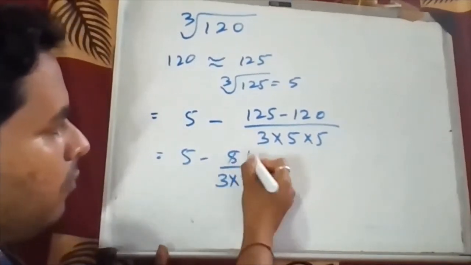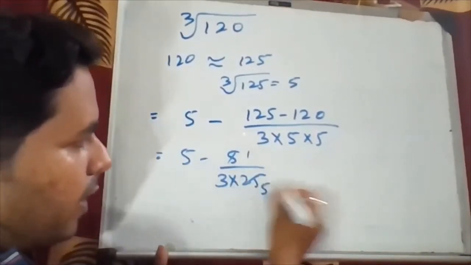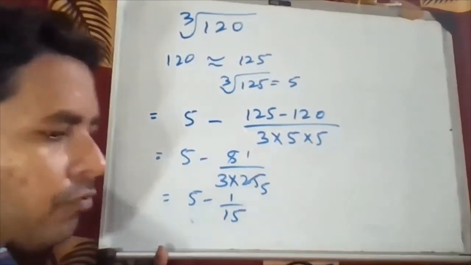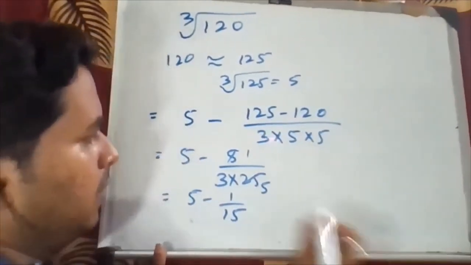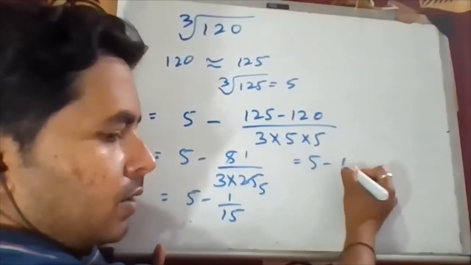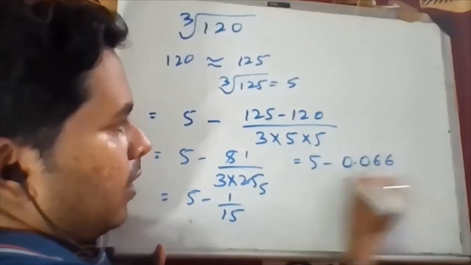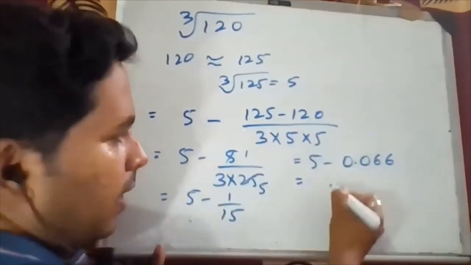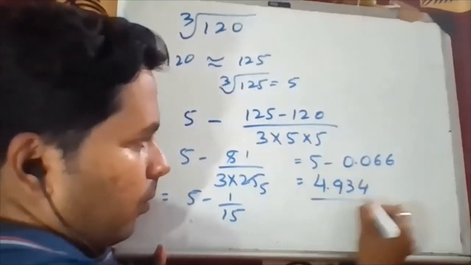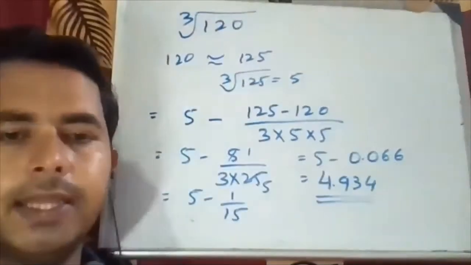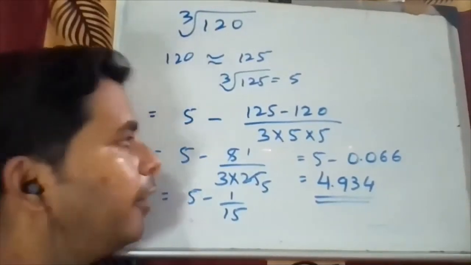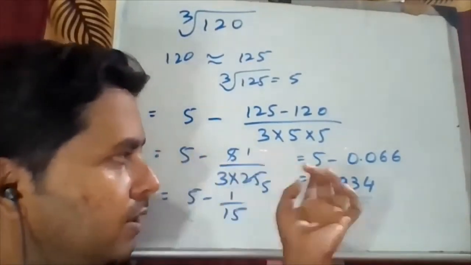Now 5 ones are 5, 5 fives are 25, so here 5 minus 1 by 15. 1 by 15 is 0.066, so if you subtract, your answer will be 4.934. Okay, I hope you people got this.